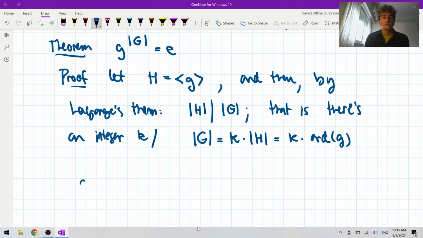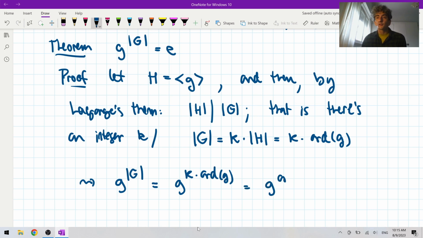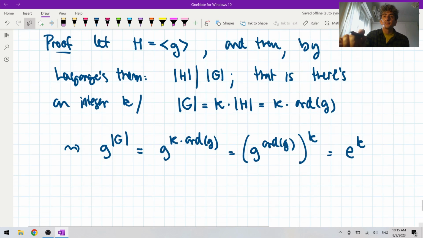So this means that g raised to the number of elements of G, that's g to the k times the order of g, and this is just g to the order of g all to the kth power, and by definition this is the identity to the kth power, and this is simply the identity element.